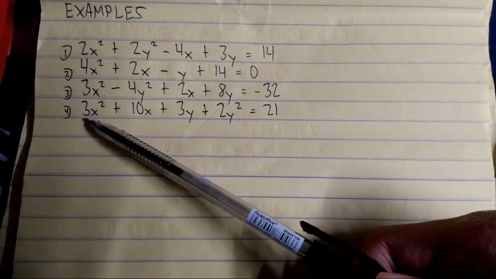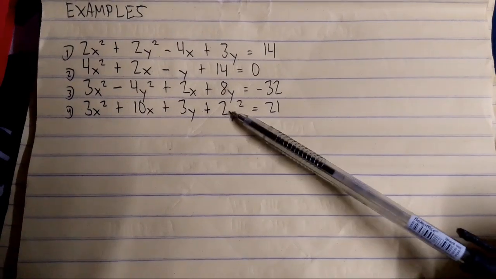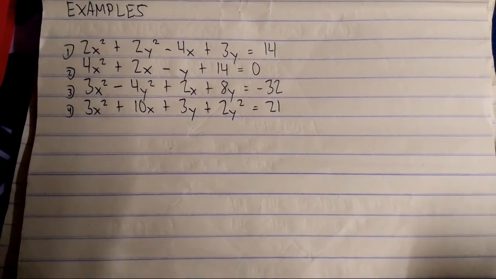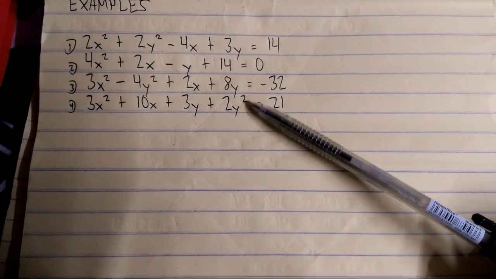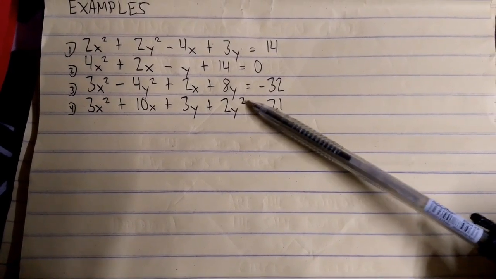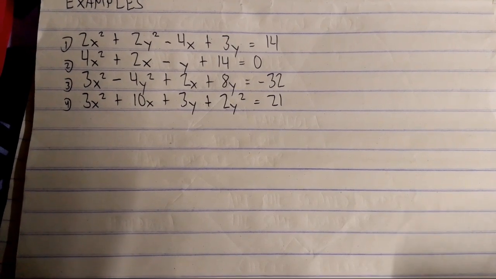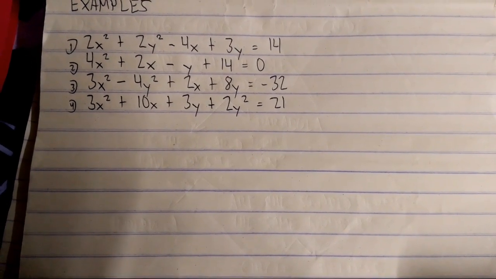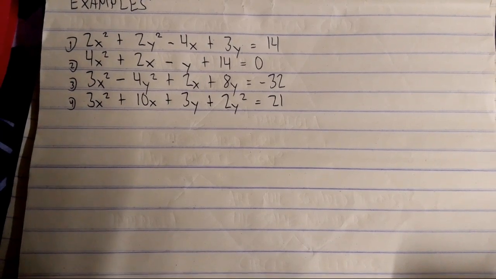And lastly, number 4. 3x squared plus 10x plus 3y plus 2y squared equals 21. The first question is, are both variables squared? As you can see, they are squared. The second question is, are both squared variables the opposite sign?